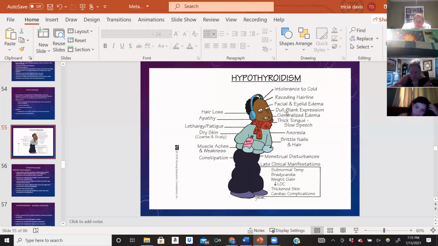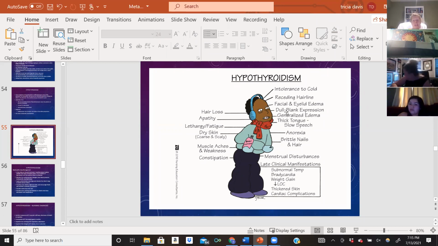So this is the patient with hypothyroidism: very, very cold all the time, receding hairline, facial and eyelid edema, dull blank expression. I'm not sure that I've ever really seen that, but your book talks about it, and so does this.